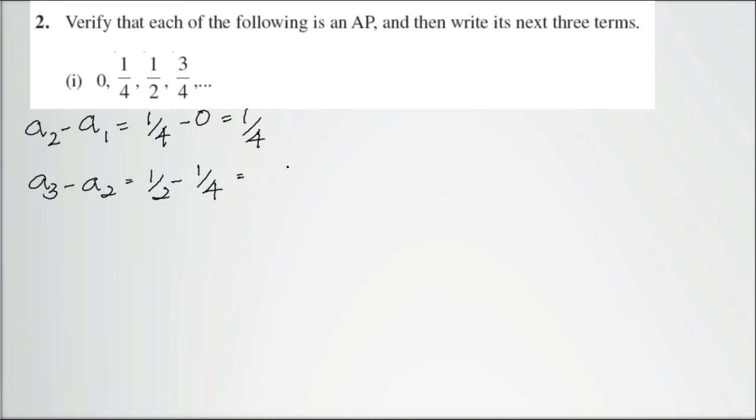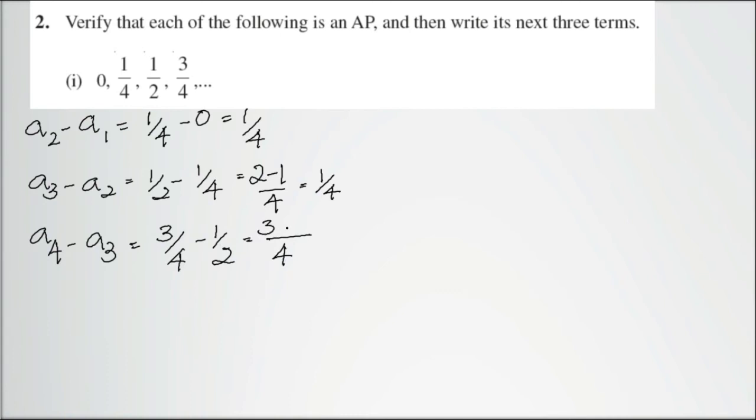The LCM is 4, so 2 minus 1 will be there in the numerator and the denominator is 4. We get 1 by 4. a4 minus a3 is 3 upon 4 minus 1 upon 2. Once again the LCM is 4. So in the numerator we are left with 3 minus 2, nothing but 1 upon 4. Here there is a common difference, and the common difference is 1 upon 4.